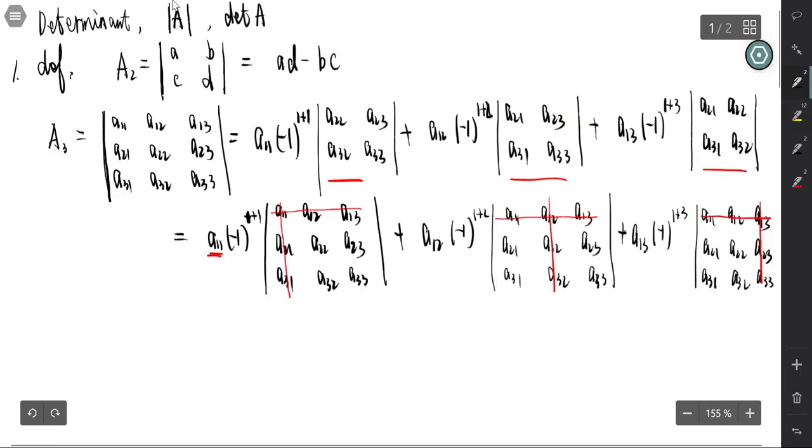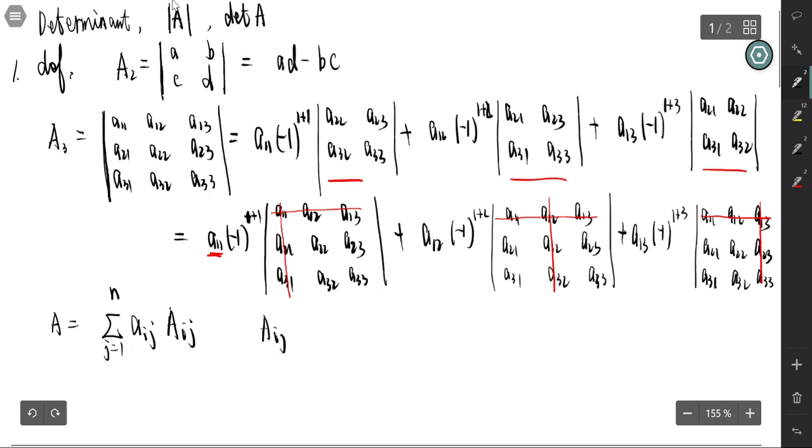Okay, that's the definition for order 3 and order 4, and any other order can be written as the sum of a_ij times negative 1 to the power i plus j times C_ij, with j from 1 to n.